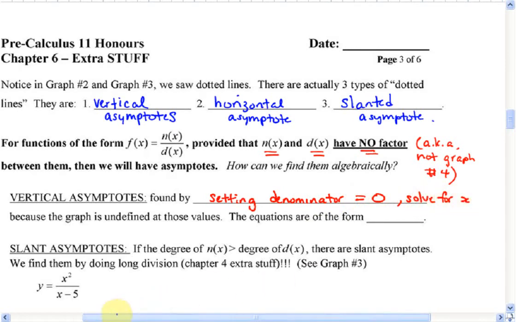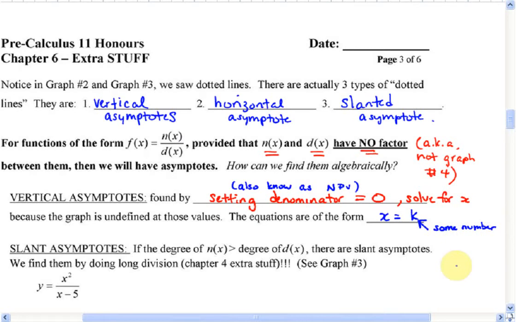AKA your NPVs, also known as your non-permissible values, become these vertical asymptotes. And the equation of a vertical asymptote always is, because it's a vertical line, it's going to be of this form. It's always x equals to some number, and I'll call that number k. Some constant, k.